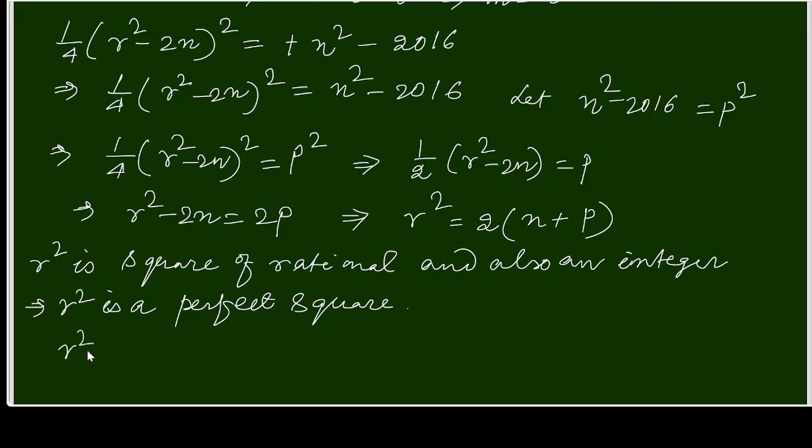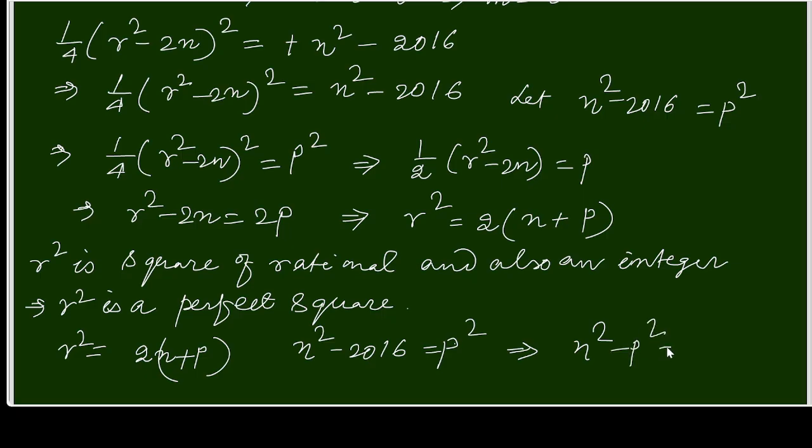So r square equals 2n plus 2p, or n plus p, and again it is n square minus 2016 equals p square, or n square minus p square equals 2016.